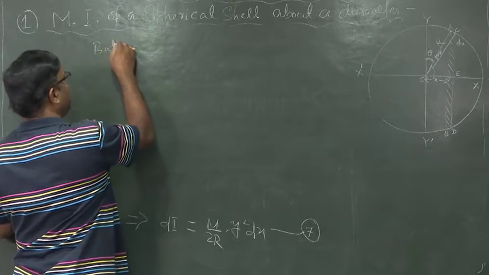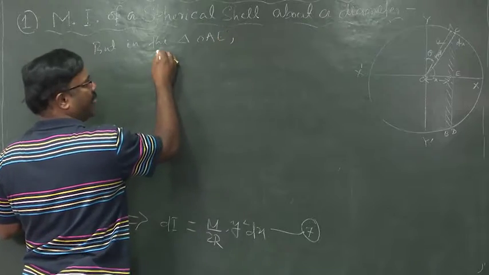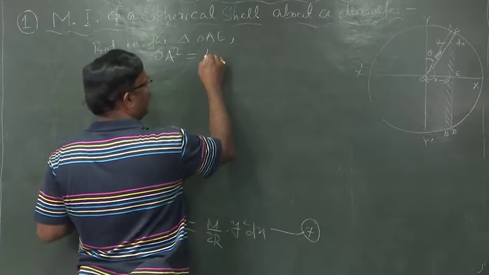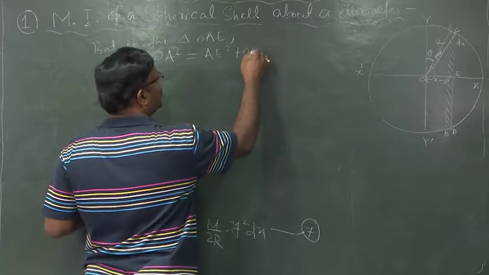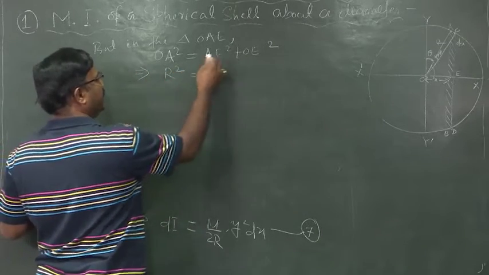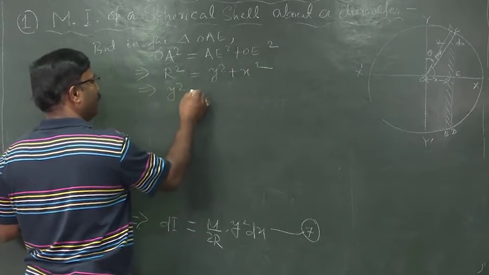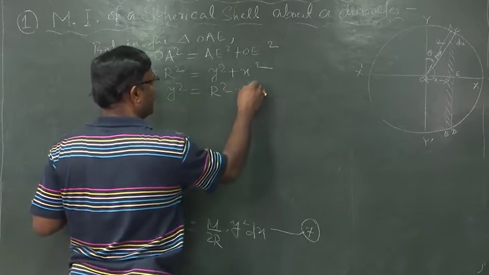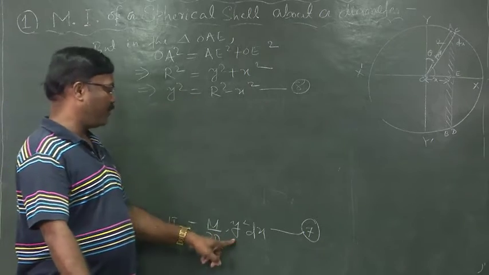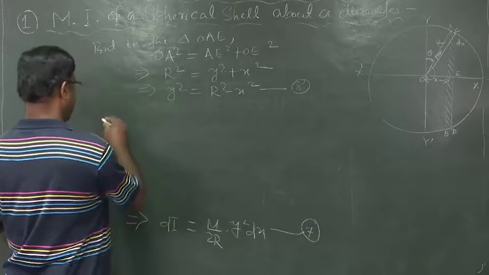But in the triangle OAE, OA square is equal to AE square plus OE square, which implies r square is equal to y square plus x square, which implies y square is equal to r square minus x square. This is equation 8.